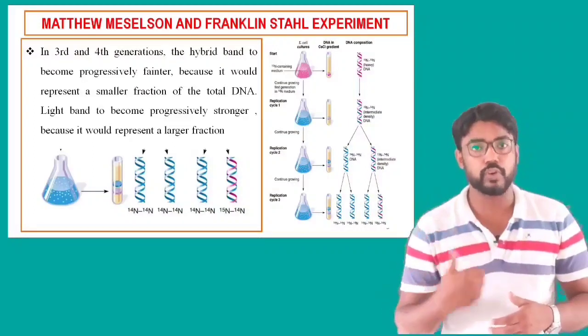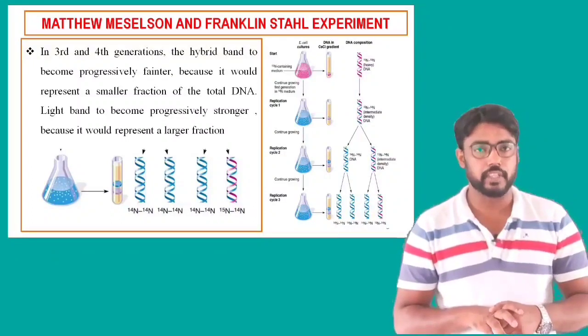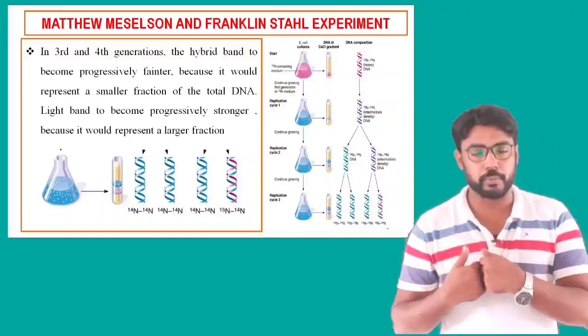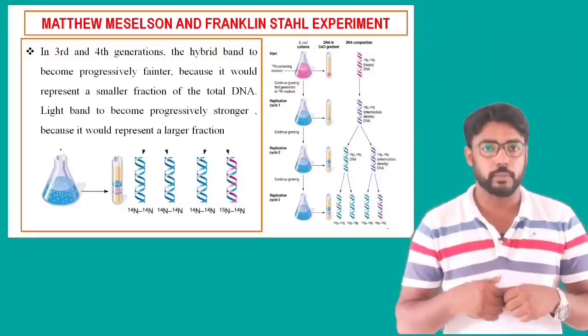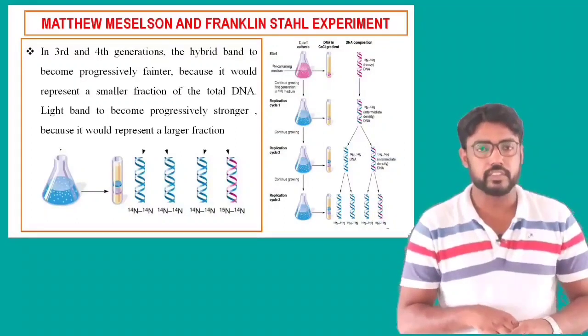When it goes to the fourth generation, there is only 12.5% intermediate band. That's why, as DNA replication progresses, the intermediate band intensity gets faded. From this method they have proved that DNA replication is semi-conservative.